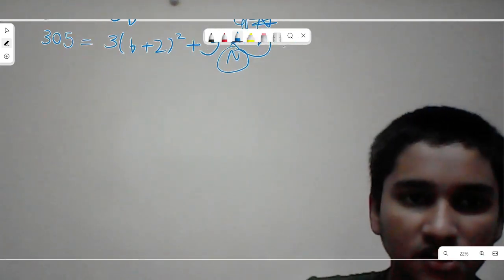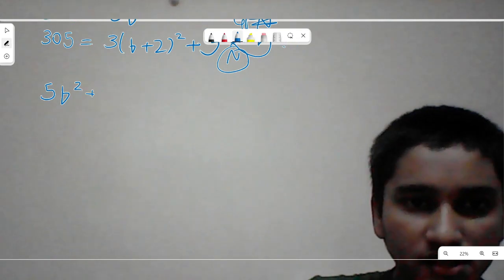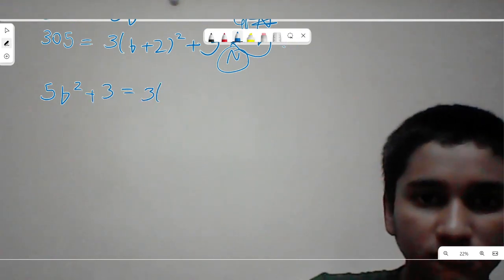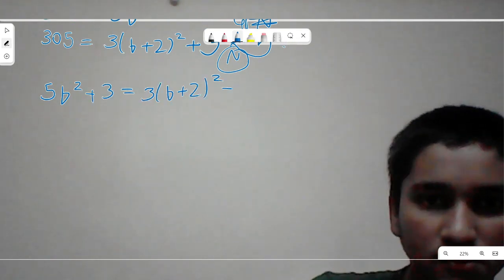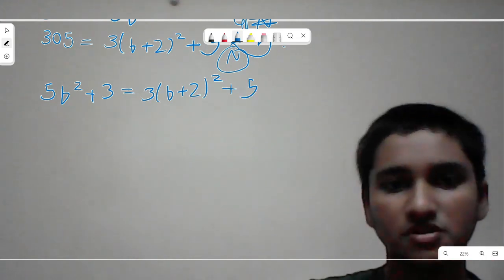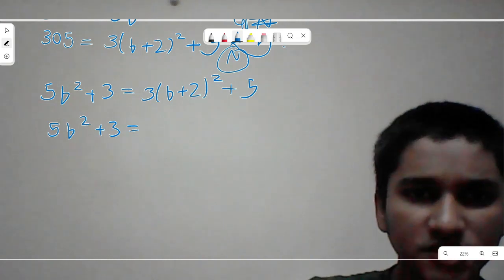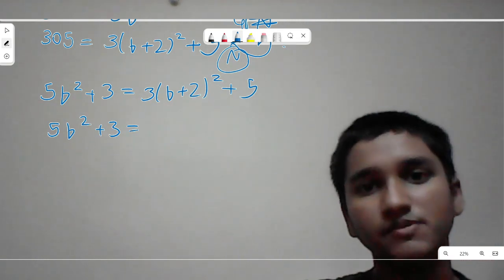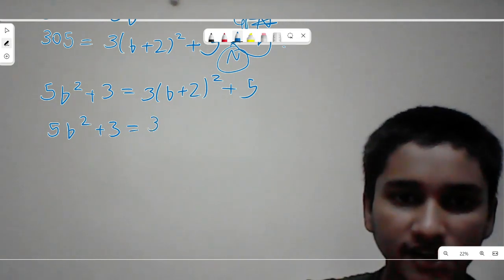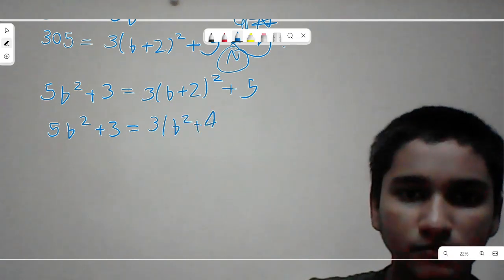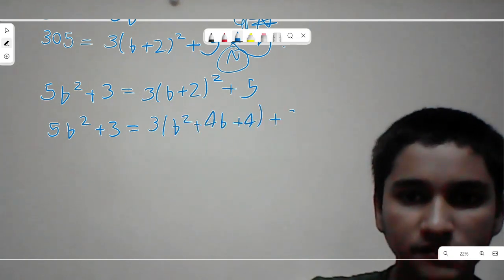So of course 5b square plus 3 must be equal to 3 times b plus 2 whole square plus 5, because both are the same number, which is n, right? Now I will use the identity of a plus b whole square right here. So 3 times b square plus 4b plus 4 plus 5.